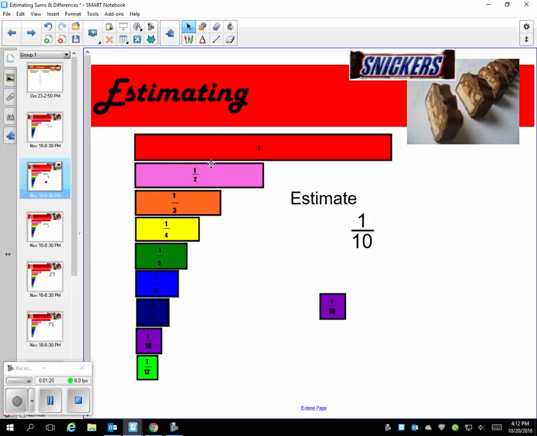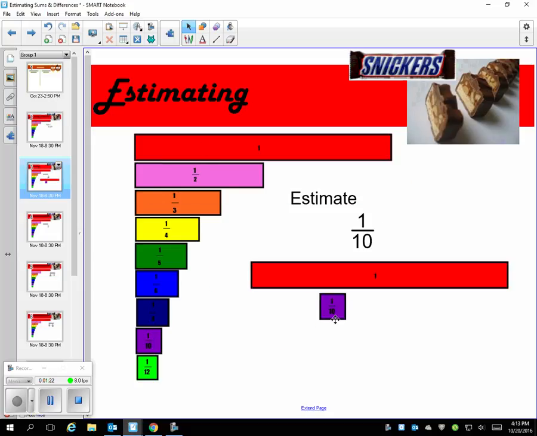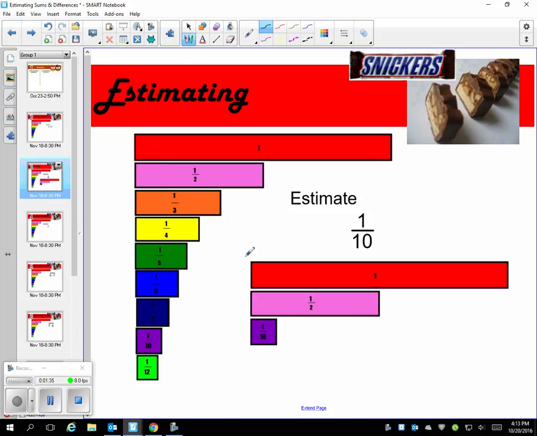You can drag your fraction strips out to compare. Here's a 1 whole, here's a half, and here is 1/10. So ask yourself, is 1/10 closer to 0, if I was to write 0 right here, or half is right here, or a whole? What is it closer to?